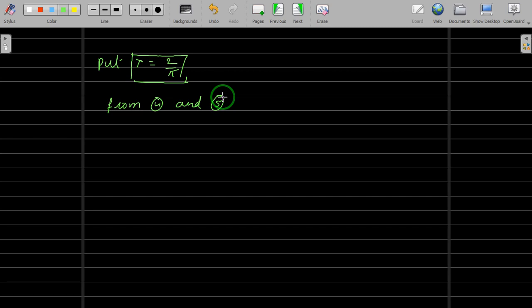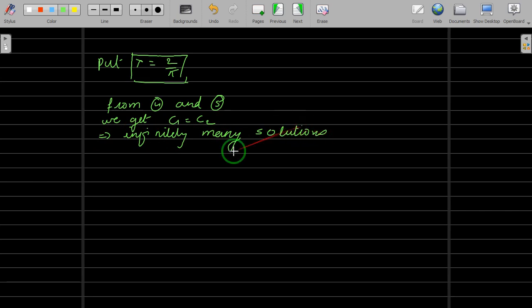So we get C1 equal to C2, right? From equations 4 and 5, we get C1 equals C2, and this implies we will have infinitely many solutions. And what are the solutions? y of x is equal to lambda C1 sin x plus lambda C2 cos x.